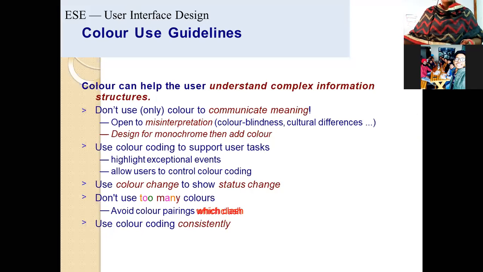Do not use only color to communicate meaning. For communicating any meaning for a particular operation, do not use only color. You can use text also, highlight the text, because color alone will lead to misinterpretation, as there may be people who have color blindness or cultural differences.